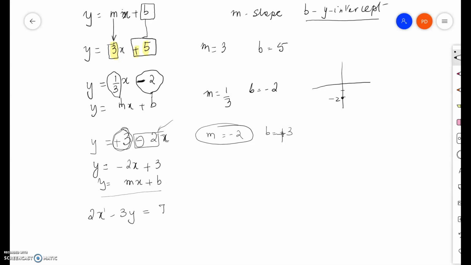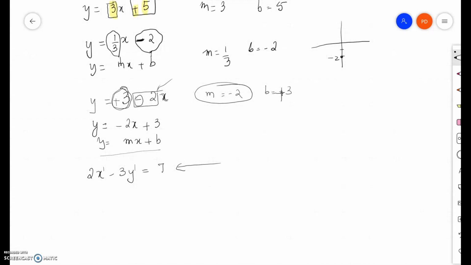The exponent on x and the exponent of y is 1, and therefore we know it's a straight line. So how do we find the slope and intercept of a line that's given in this form? What we have to do is solve for y, so we can put it in the form y equals mx plus b.